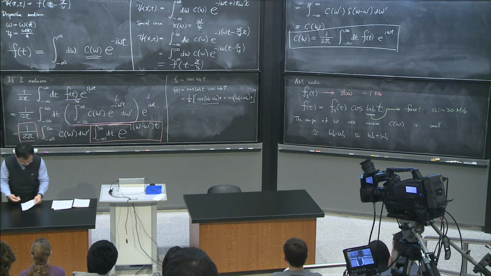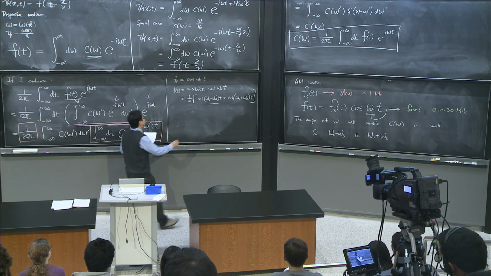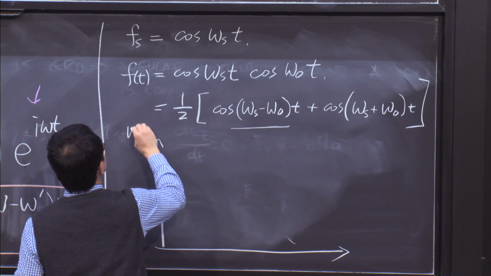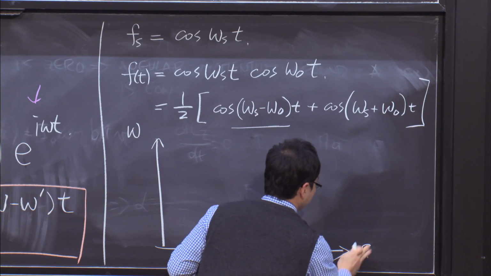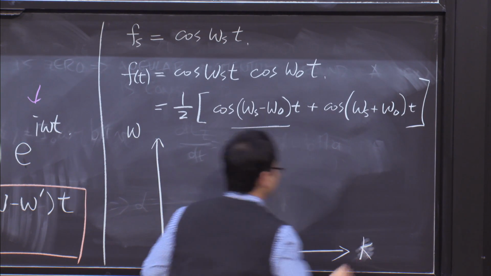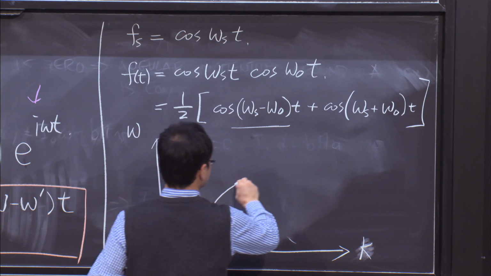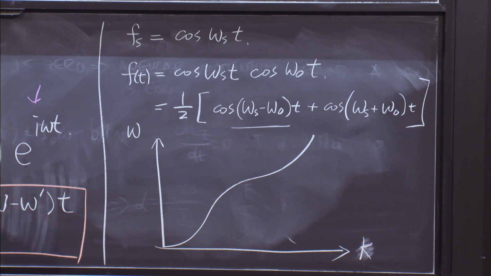That's actually what I want to answer to you, right? So suppose I have this crazy dispersion relation, which is omega as a function of k. You can graph it, and suppose it looks really crazy like this, okay?